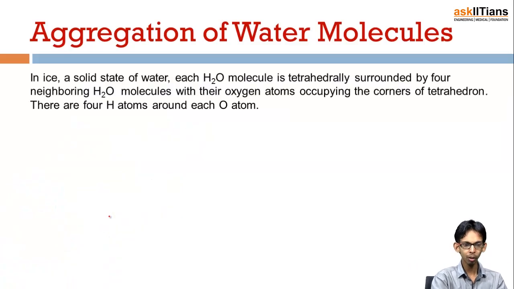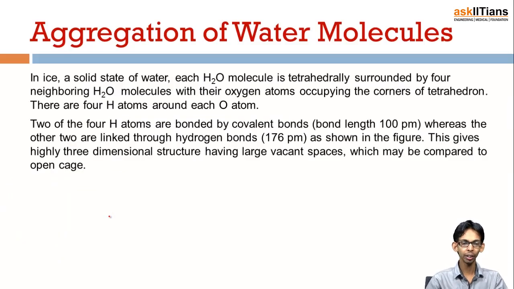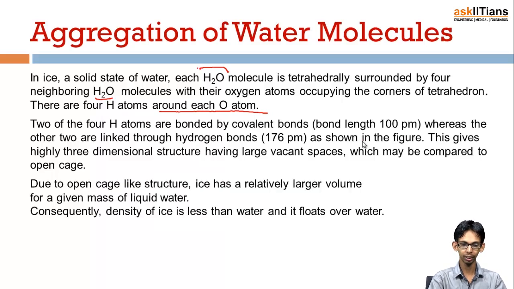Okay, now what happens in ice, a solid state of water, we know very well. Each water molecule is tetrahedrally surrounded by 4 neighboring water molecules with their oxygen atoms occupying the corners of a tetrahedron and the 4 hydrogen atoms around each oxygen atom. 2 of the 4 hydrogen atoms are bonded by covalent bonds, whereas the 2 others are linked through hydrogen bonds as shown in the figure.